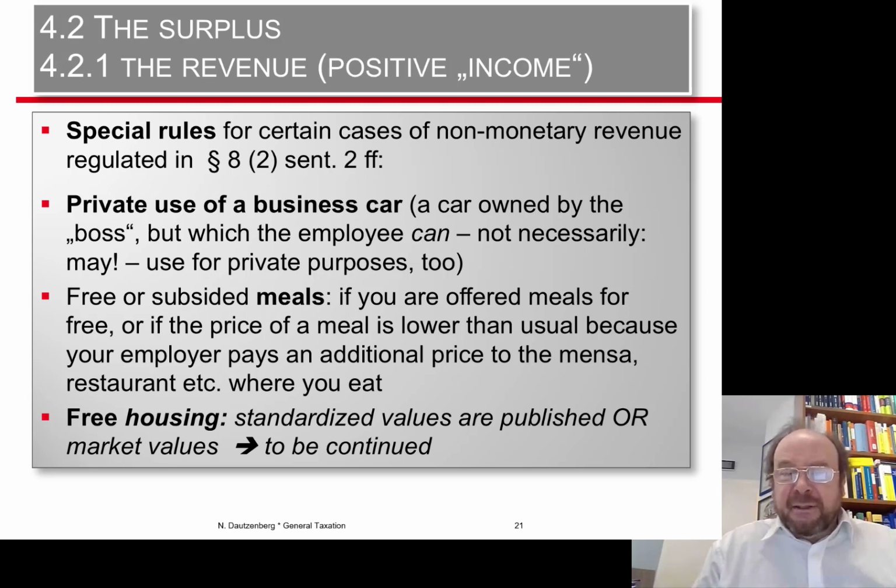In Germany, for example, you find such special rules then in H2 directly after the general rule. For example, there is a valuation rule for the advantage which you have from getting the permission to use a business car of your employer for private purposes too.